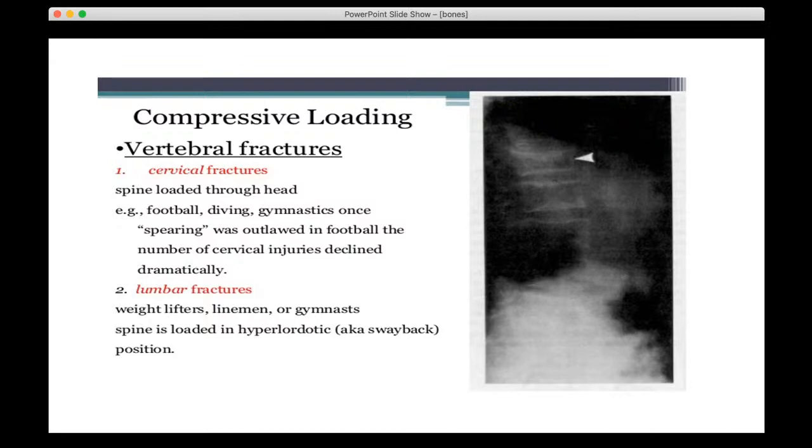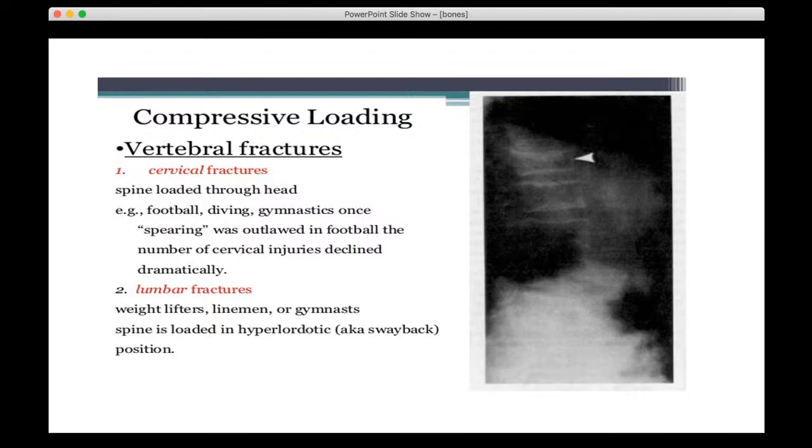Now the last section here on bones: we have different types of fractures due to different stresses. That will conclude this. Now I'll discuss the main fractures which you come across in sports. The first are the least commonly found, and these are known as compressive loading fractures, basically cervical fractures or lumbar fractures.